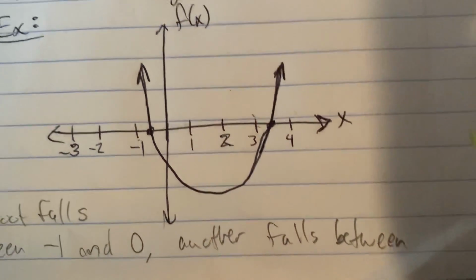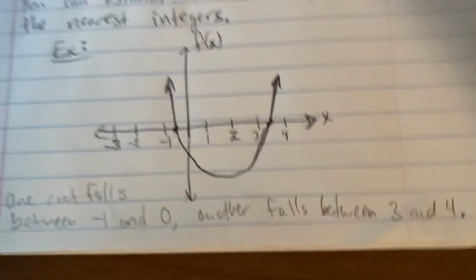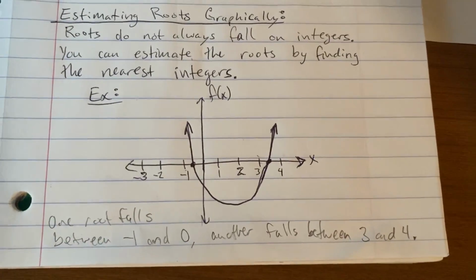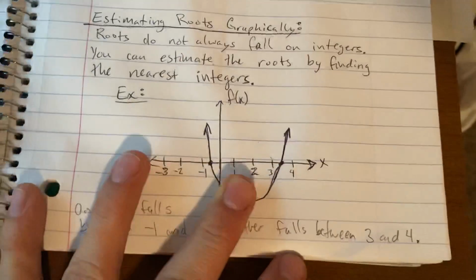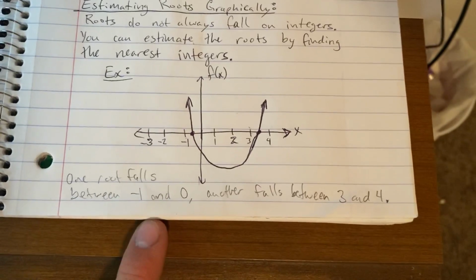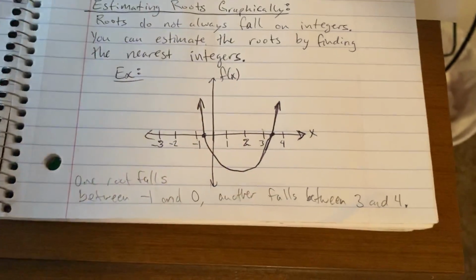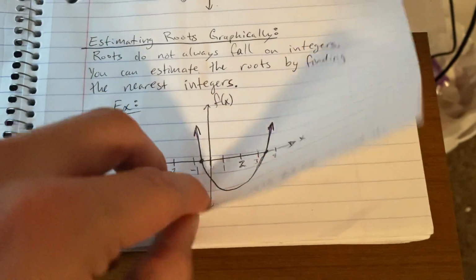Between 3 and 4. So between 3 and 4. Based on this graph, the roots are not exactly falling on integers, so we would try to find the nearest integers that they are to, which is negative 1 and 0 for this one, and then 3 and 4 for that one.